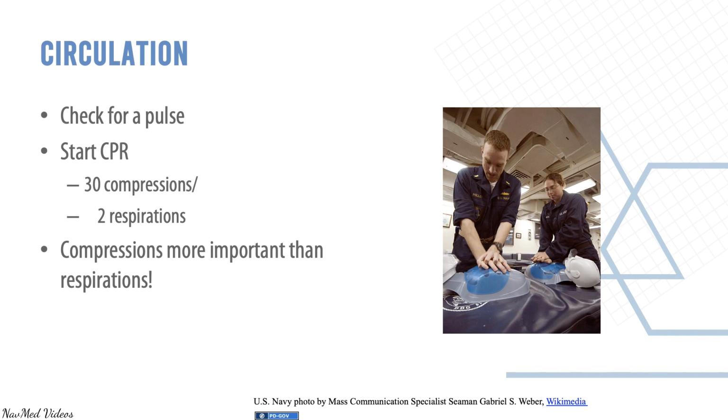C, as we know, is for circulation, so you check for pulse. Start CPR, 30 compressions, 2 respirations. Important, compressions are more important than respirations. Now, chest compressions alone are being suggested by the American Heart Association as a way to simplify CPR and improve bystander willingness to perform on an arrest patient.